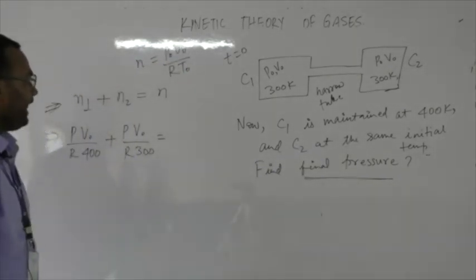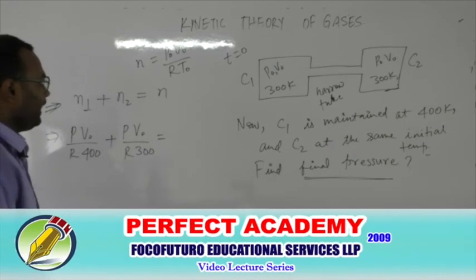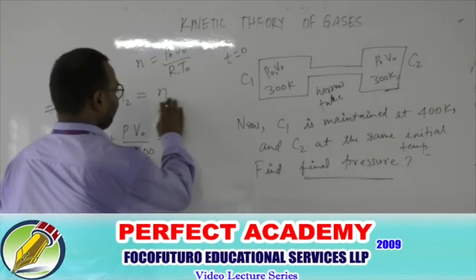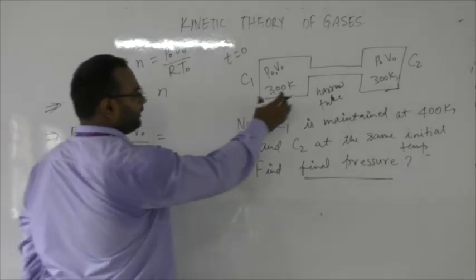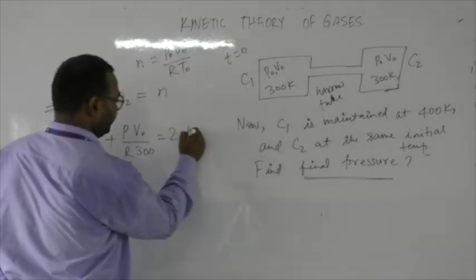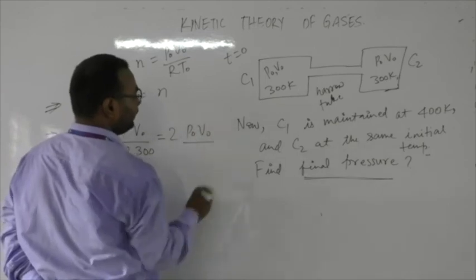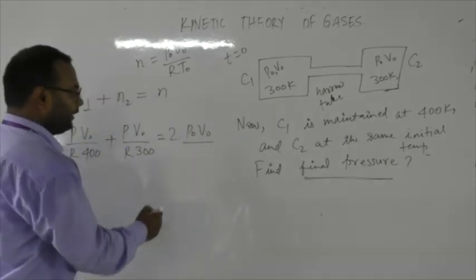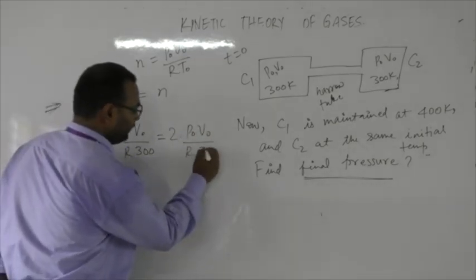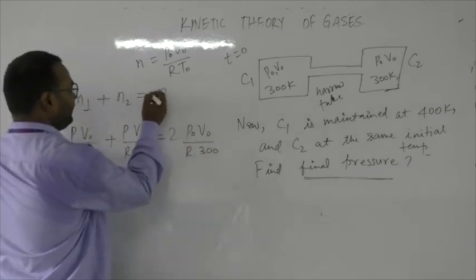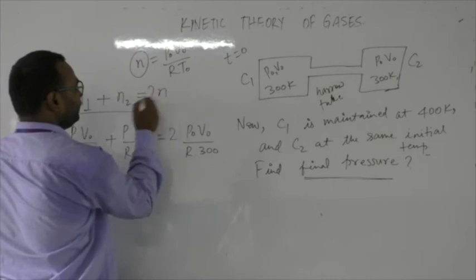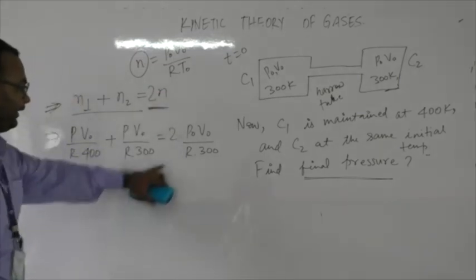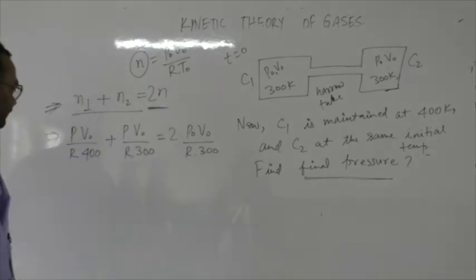Now n will be the total n of C1 and C2. So 2 into P naught V naught upon R into 300. This will be twice n, because for one container this is n, so 2 into P naught V naught upon R 300.